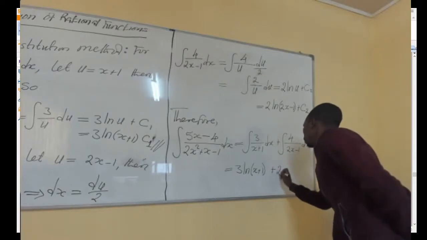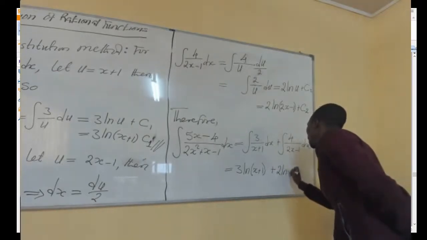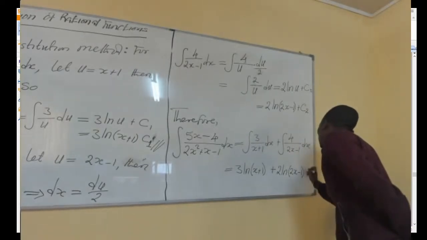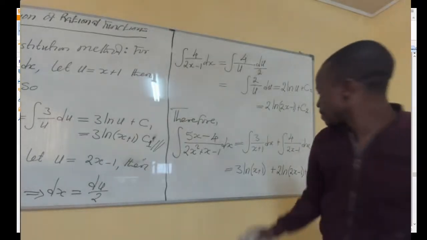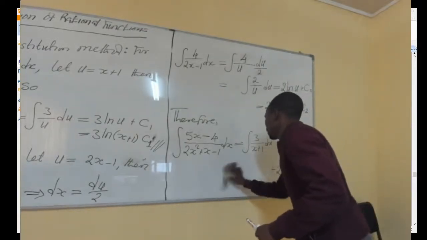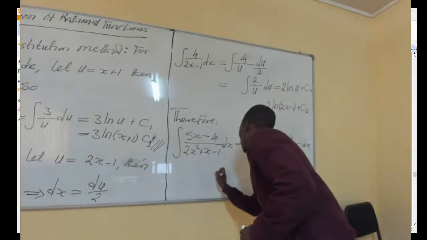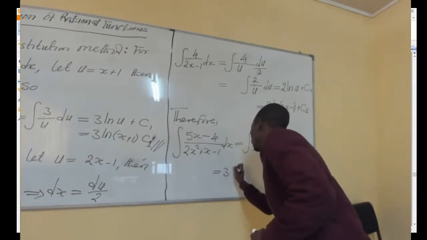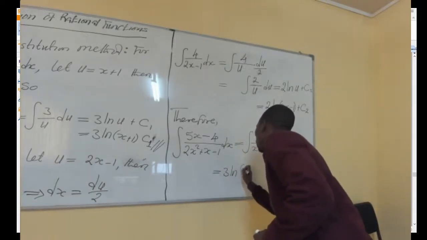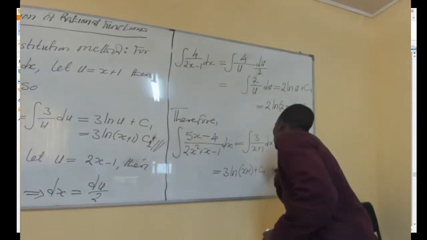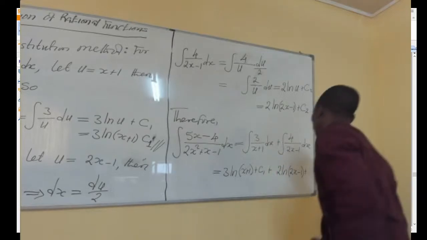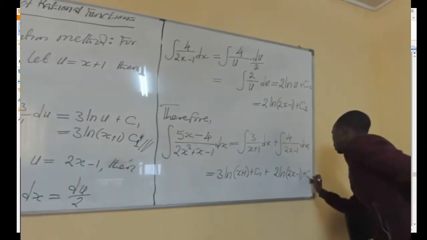found it to be 2 multiplied by ln of 2x minus 1 plus, sorry, we're supposed to have, this is equal to 3 ln of x plus 1 plus c1, then plus c2.